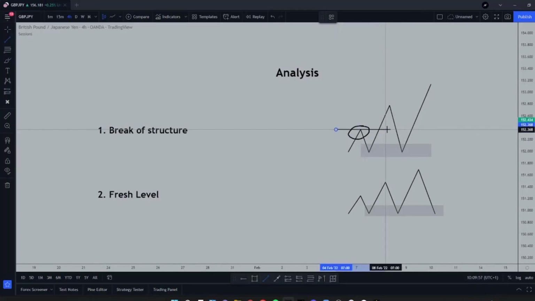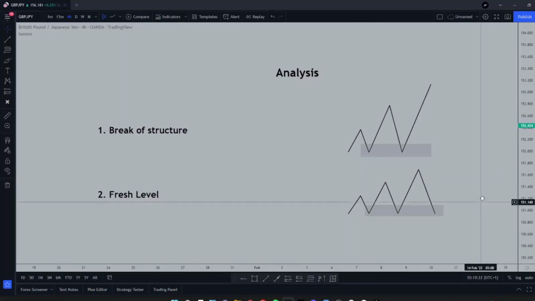It broke the high, perfect. With this move it broke the high. What happened? It came back to the level that started the whole move that broke the previous structure. So this is where we're going to be entering. This is our break of structure, and we just wait for the pullback to come back to the level where it started, and this is where we will enter.